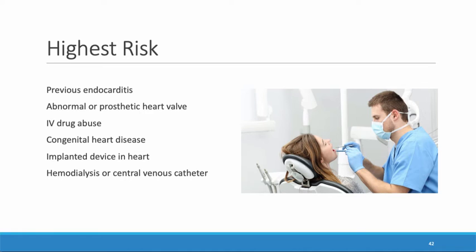So those patients are at risk. IV drug abusers, patients with congenital heart disease, any implanted device in the heart, whether it's a valve, a pacemaker, what have you. Any of those things increase your risk of endocarditis. And then, of course, any central venous catheter, particularly hemodialysis catheters.